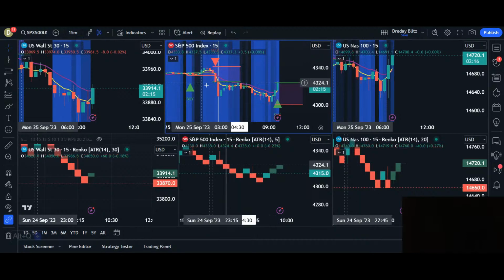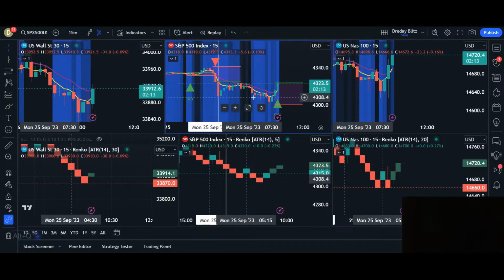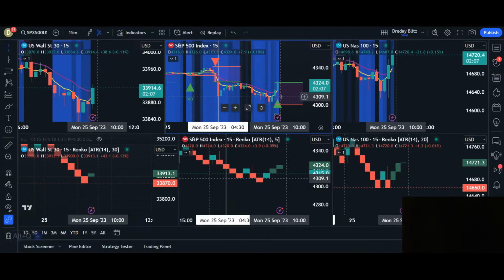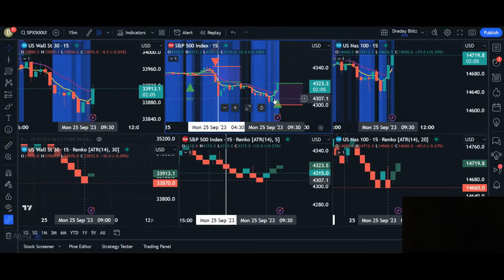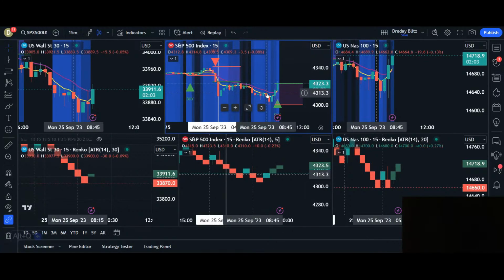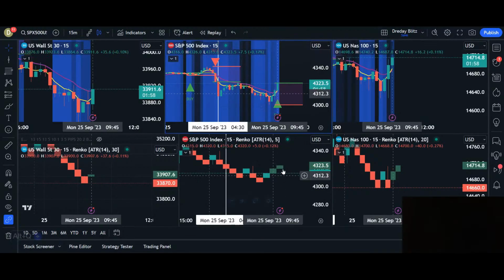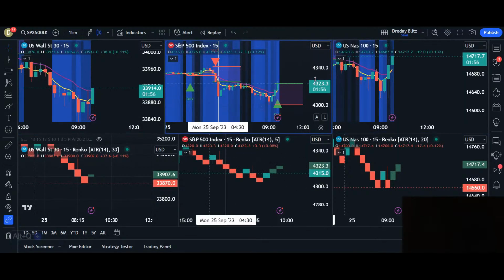But like I said, you're able to get out of that trade in different ways. You look at the chart, you look at the reversal candlestick patterns, you look at the Renko, so there are multiple ways to get out.